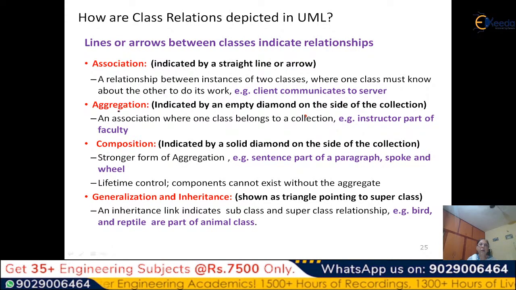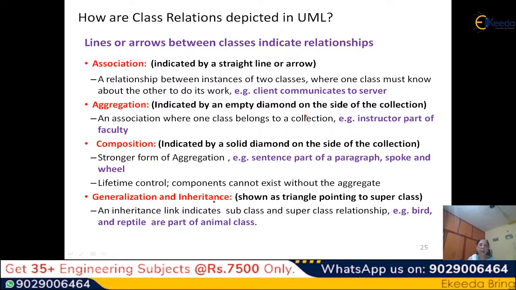If you have an aggregation, that is a part and a whole, then you put an empty diamond on one side, on the collection side, the group side. And if you have composition, then this diamond becomes a solid diamond, and here it is much stronger.